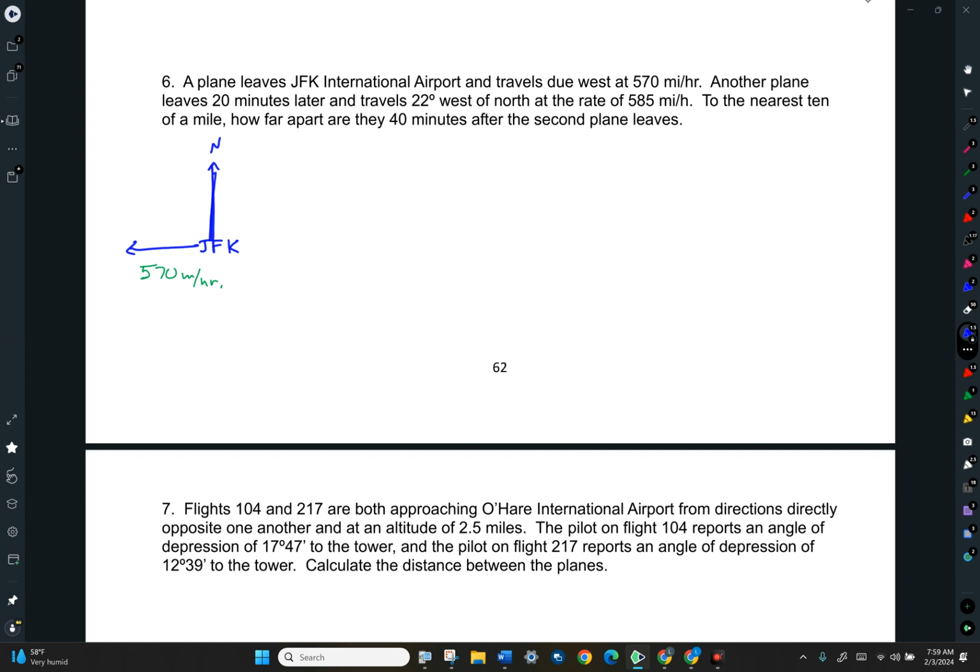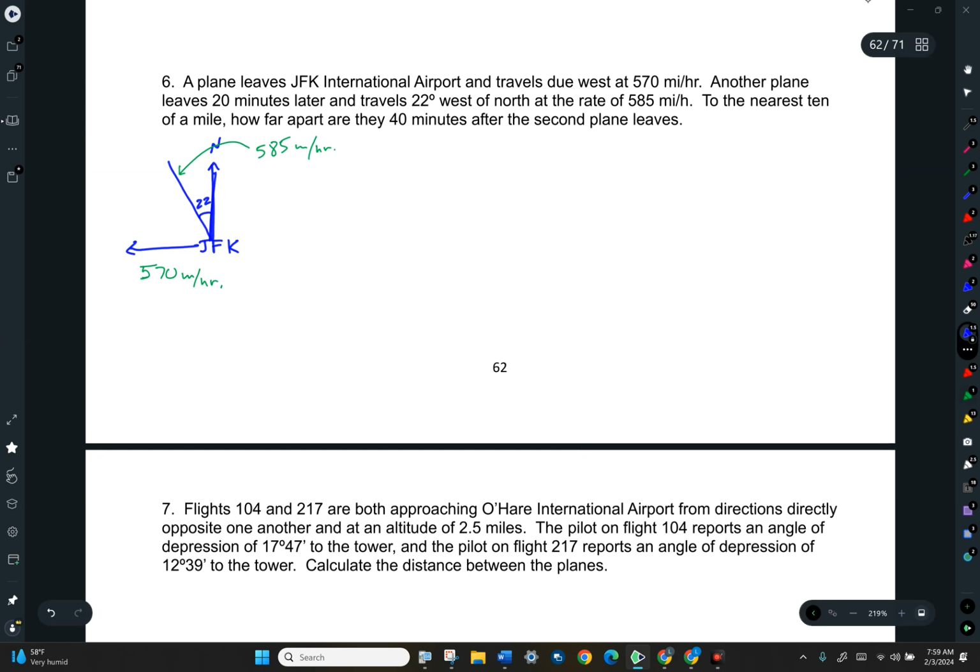So if they're flying 22 degrees west of north, that means he's actually flying this direction, and this angle is 22 degrees, at a rate of 585 miles per hour. So again, I don't know that the length of that side is 585. I just know that that rate is 585 miles per hour.